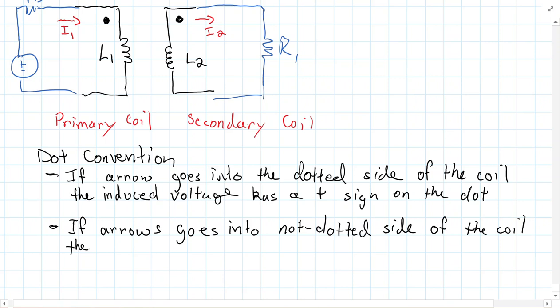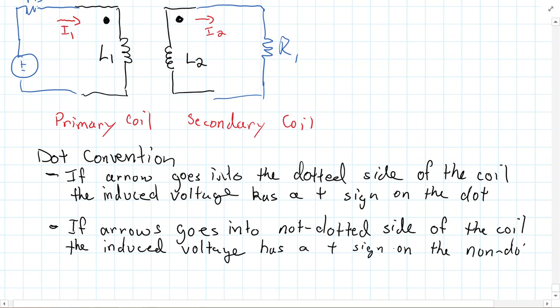The induced voltage has a plus sign on the non-dotted side. So hopefully this is familiar. We talked about this dot convention in the previous course, and we also talked about the mutual induced voltage here.